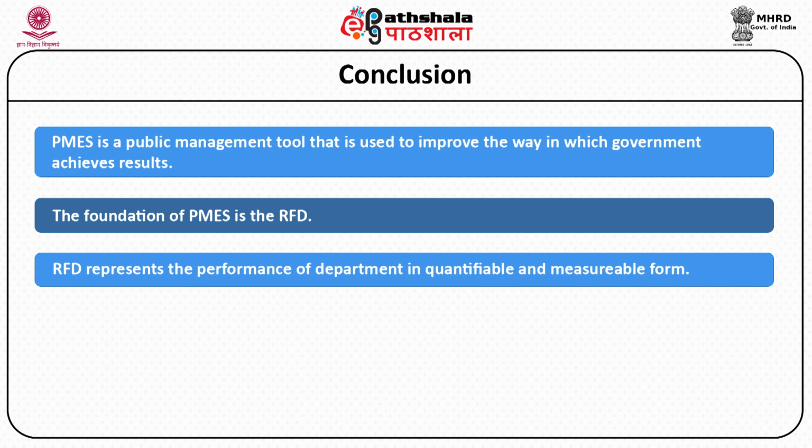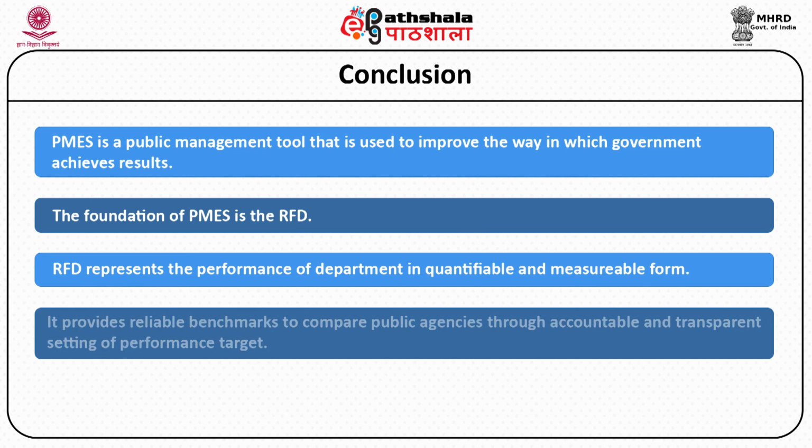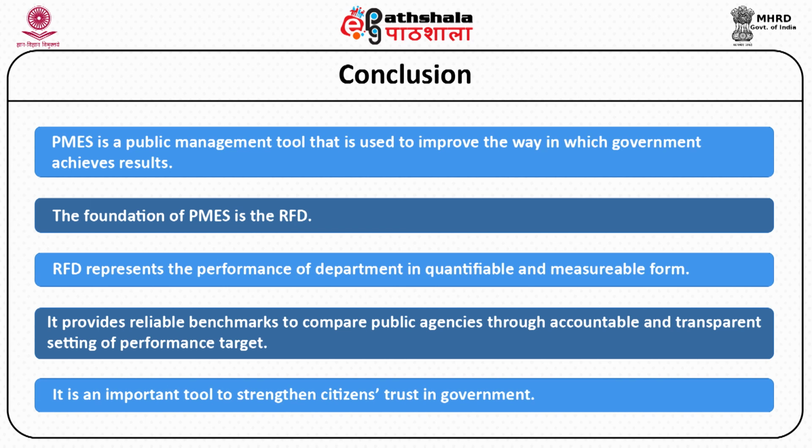It helps in benchmarking the performance of the department through accountable targeting of their performance as well as bringing transparency and accountability in the functioning. RFD is an important tool in initiating trust of the citizens in their government.